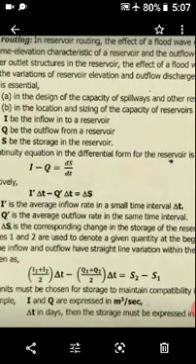For example, if I and Q are expressed in cubic meter per second and delta t in days, then the storage must be expressed in cubic meter days.